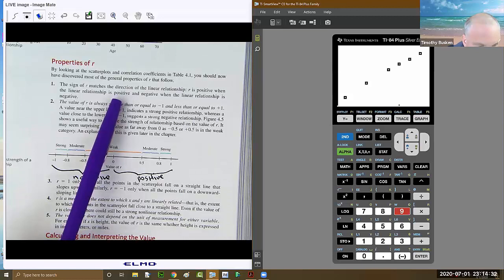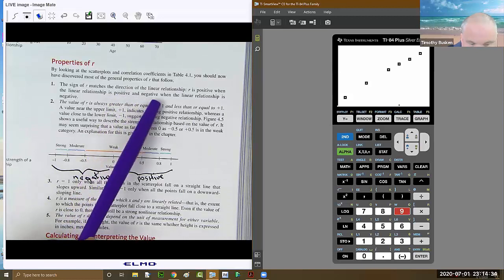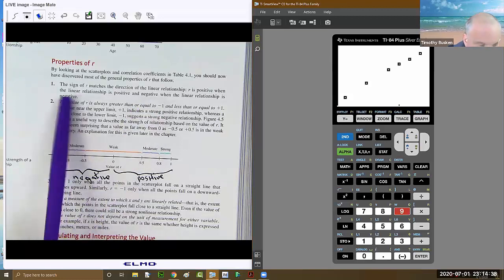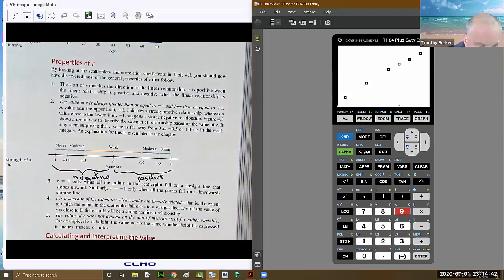And R is negative when the linear relationship is negative. Okay, so when the correlation is negative, the value of R is negative. When the correlation is positive, the value of R is positive.